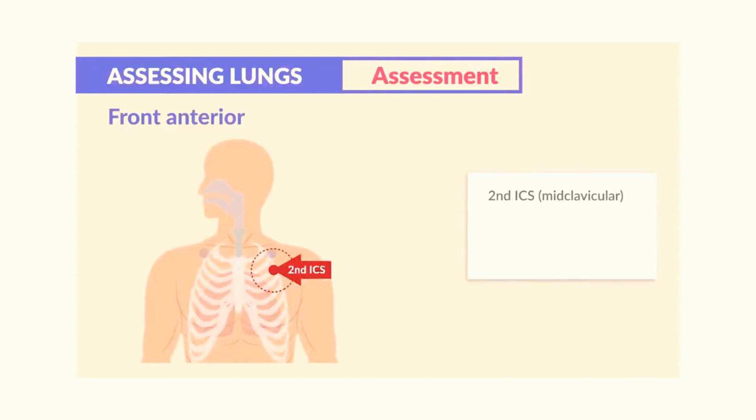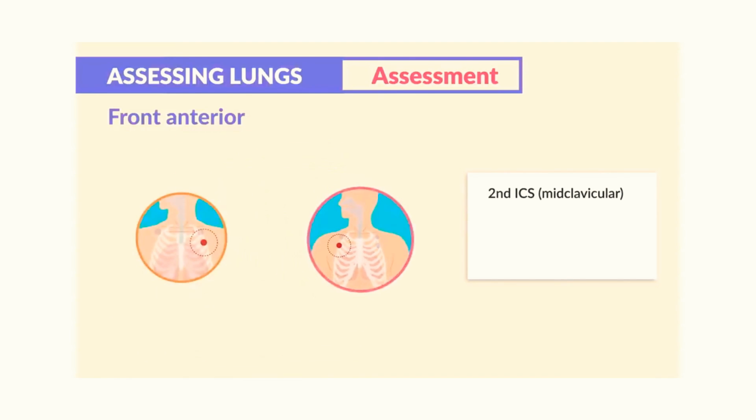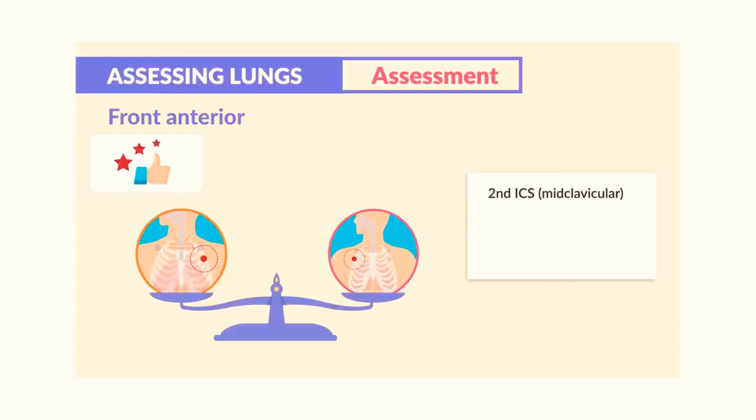Then we move to the second ICS, mid-clavicular, basically meaning the middle of the clavicle. An ICS is that intercostal space in between the ribs. Then we move over to the opposite side and compare the same thing: the quality, the depth, as well as those extra sounds, those adventitious breath sounds.